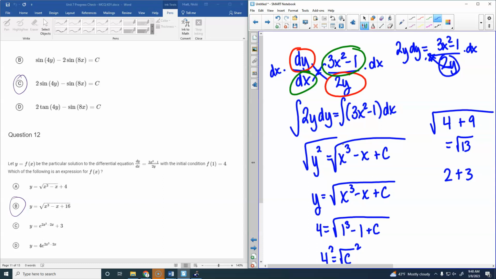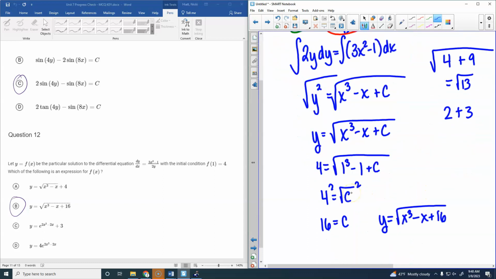Even when you get it down to just the square root of C? You mean like here, when you square both sides, like where it's 4 squared and the square root of C squared, would the square root of C not just be C? At this point, you've plugged in your initial condition and you're solving for C. So once you have done that, C is no longer going to absorb everything.